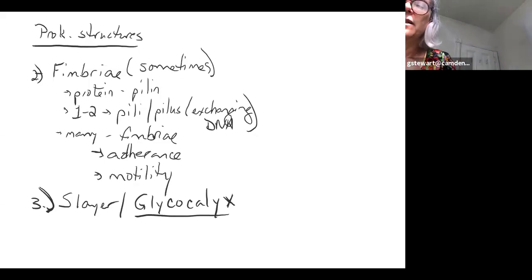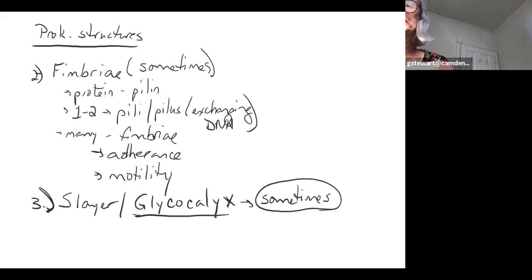So the glycocalyx, this is also a sometimes. So most bacteria have some version of this, but not all. And it is composed, structure first, then function, just like in Bio1, right? Structure first. It's composed of polysaccharides and polypeptides, so sugars and proteins.